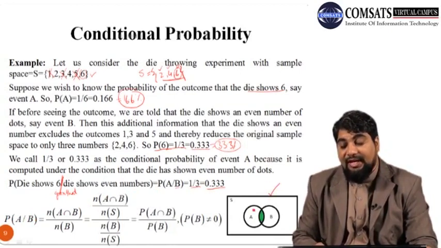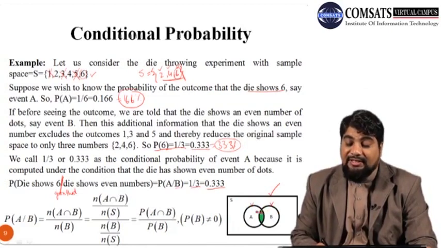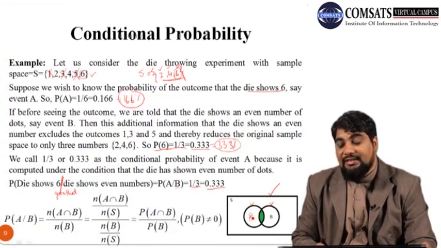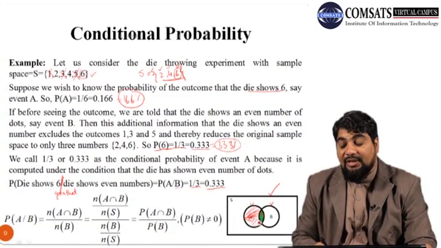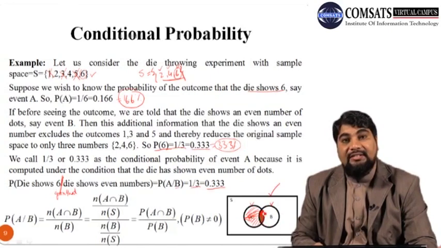Venn diagram. We have two events, event A and B, which are defined in the sample space S. We are interested in finding the probability of event A given that event B has occurred. Once we know that B has occurred, previously we were focusing on this full event, this full probability of A, but now since we have additional information that event B has occurred, our focus area is only this intersection part.